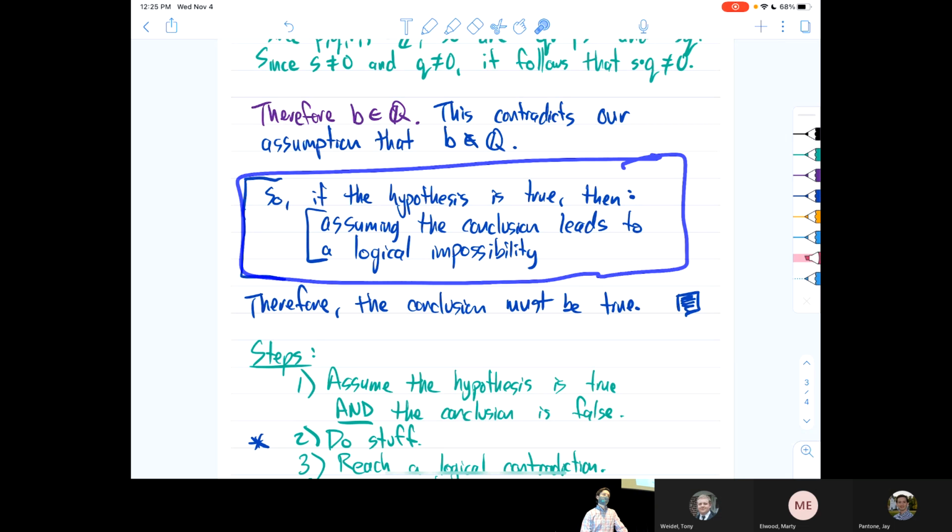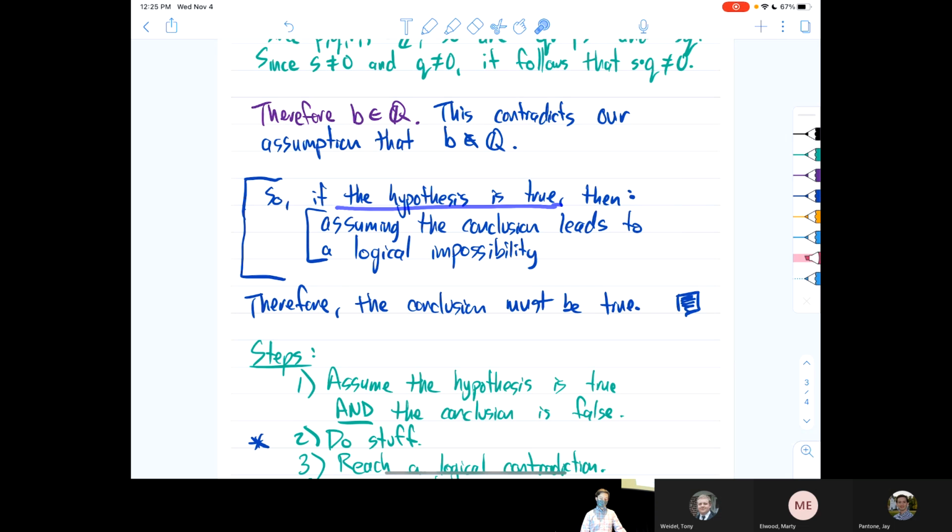But this is the outline that proofs by contradiction always take. If the hypothesis is true, and we start most of our proofs by assuming the hypothesis is true, if the hypothesis is true, assuming, or it looks like I left out a couple words here. Maybe that was your question. I said assuming the conclusion leads.